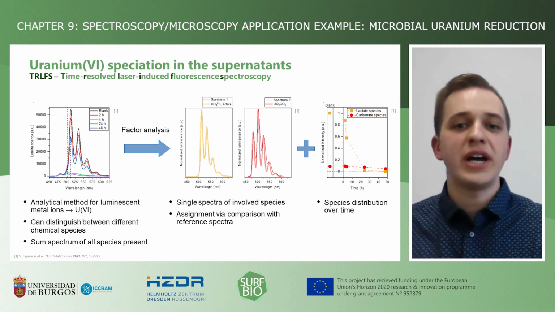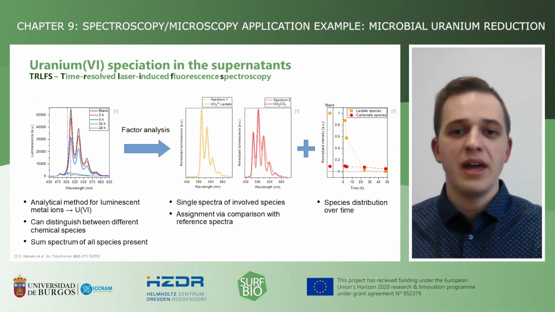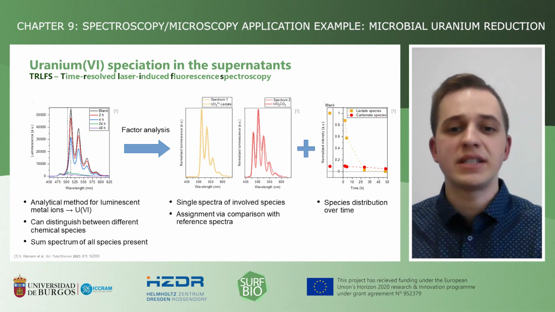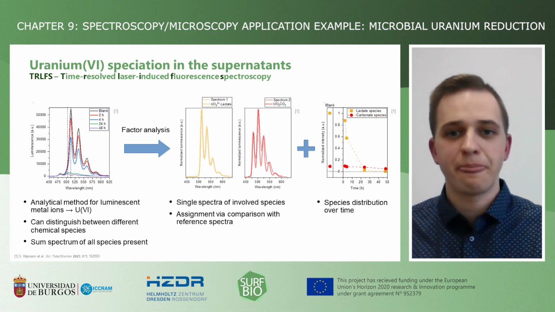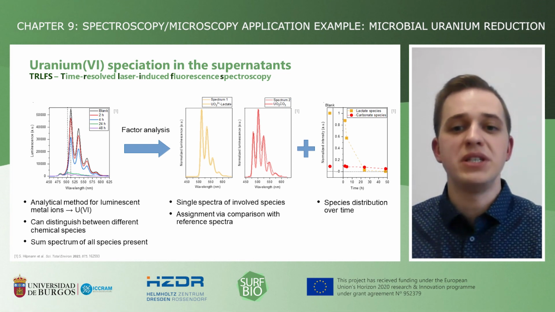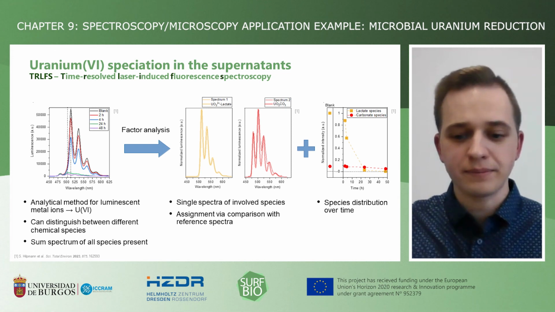With the help of different factor analysis techniques, it is possible to obtain the single spectra of the different involved species. An assignment to different uranium compounds is possible via a comparison with reference spectra. Furthermore, you can also get information about the species distribution of the different uranium compounds over time.